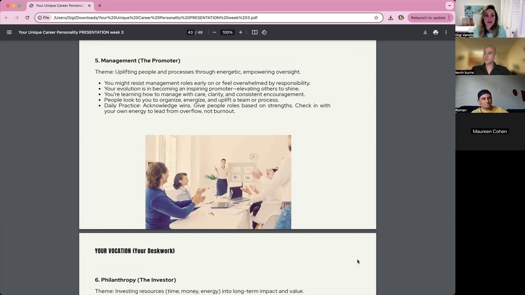You're learning how to manage with care and clarity and consistent encouragement, and people look to you to organize, energize, and uplift a team or a process. Daily practice can be to acknowledge wins and give people roles based on strengths, which is useful to know about this system because it's very strengths based: putting people in the right position, connecting the right people with the right people. And then check in with your own energy to lead from overflow and not burnout.